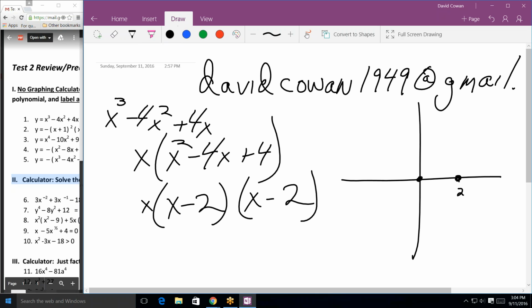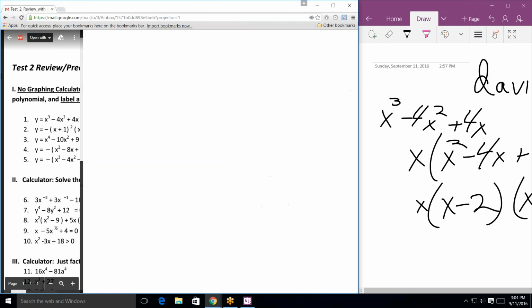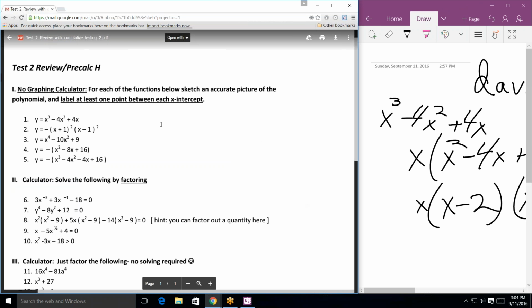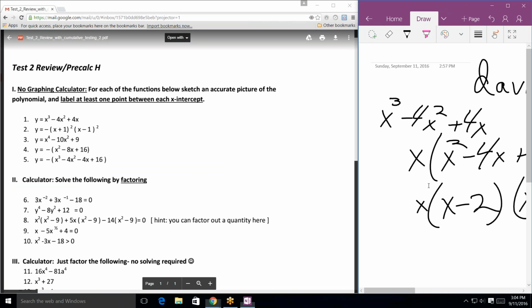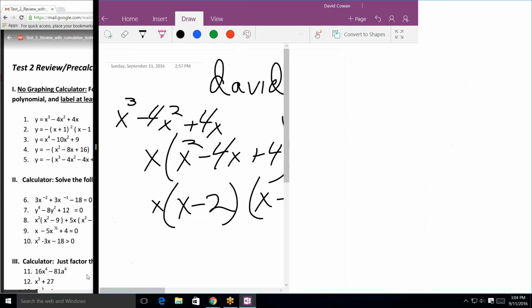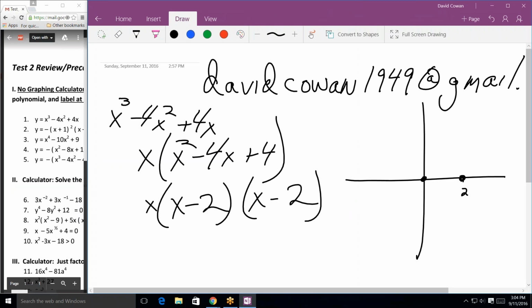What else does it ask for? Is that it? Let's see. And label at least one point between each x-intercept. Well, it doesn't quite answer the problem. In other words, we know that one x-intercept is there with multiplicity of 2, and one x-intercept is there.